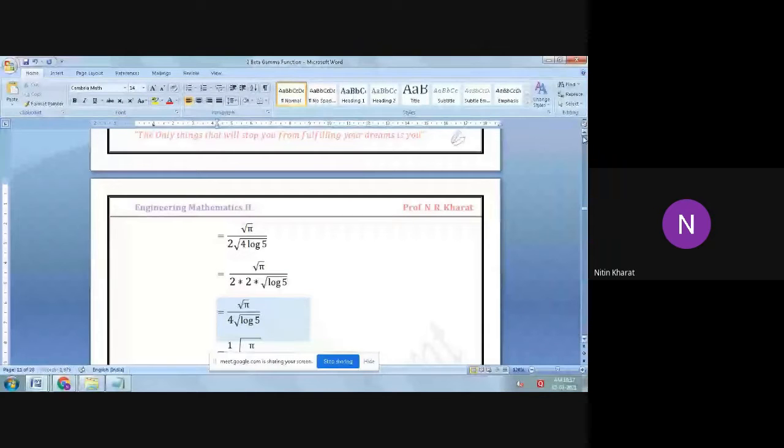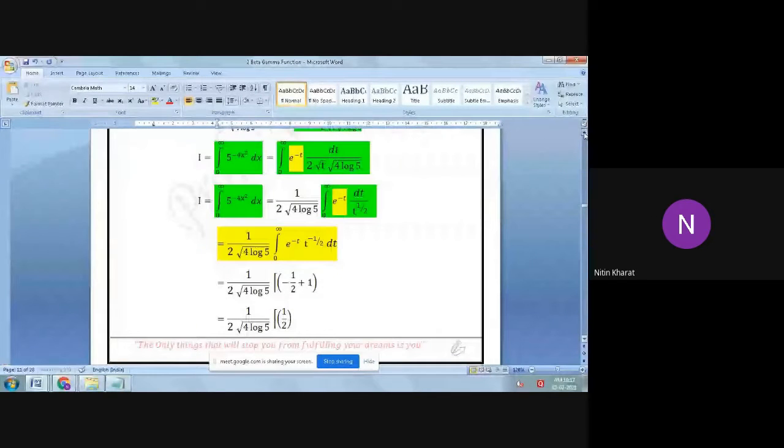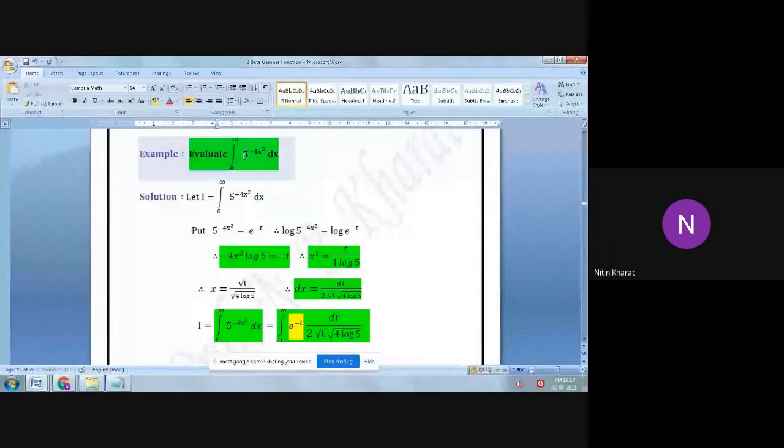So why did we take this example? This particular example does not contain an exponential function as well as a power of t. But we have to convert this example into the gamma function definition. That's why we took this example, and this whole function, 5 times 5 whose index is minus 4 times x square, is replaced by e raised to minus t.